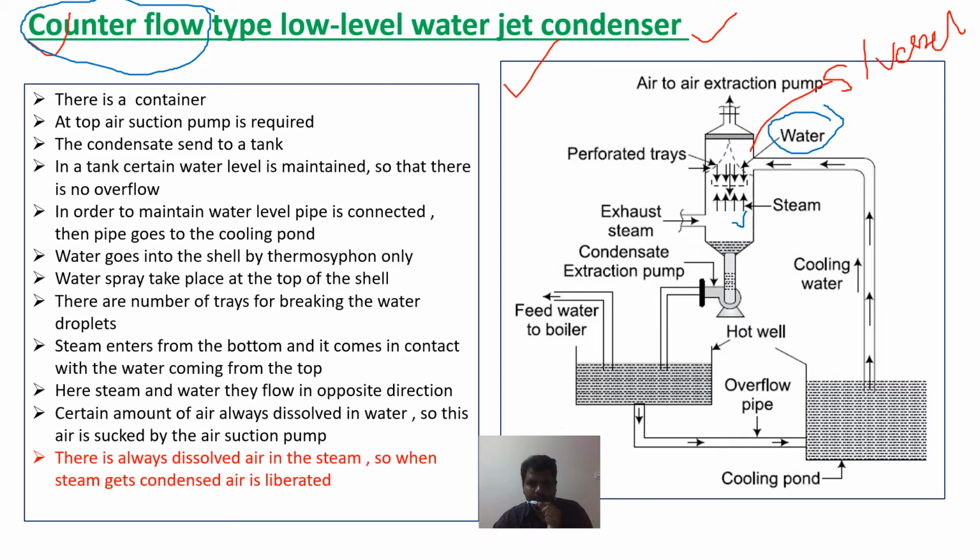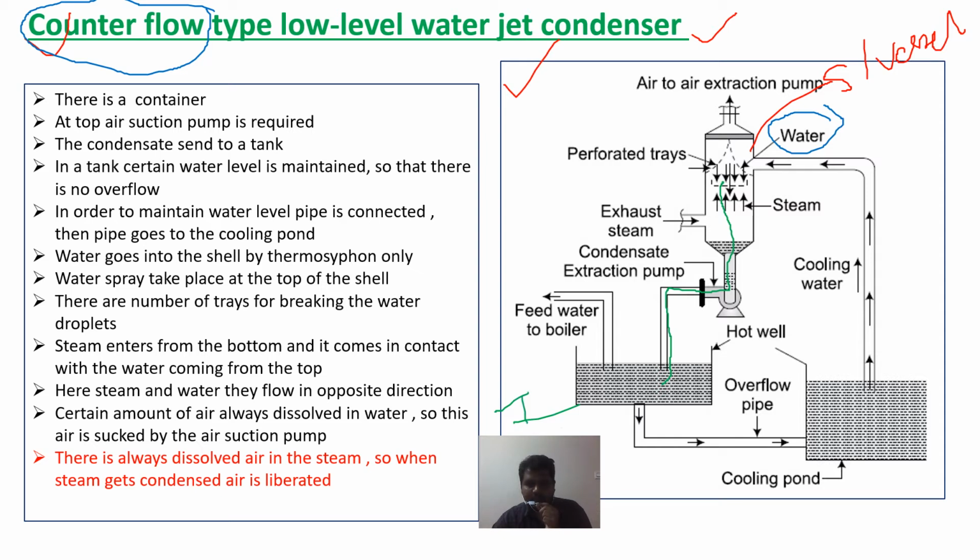Moreover, inside the vessel both water and vapor mix directly, so it is a jet condenser. After direct contact between the water and steam, the steam will be condensed. That condensate will be sent to the tank. So this is the tank.